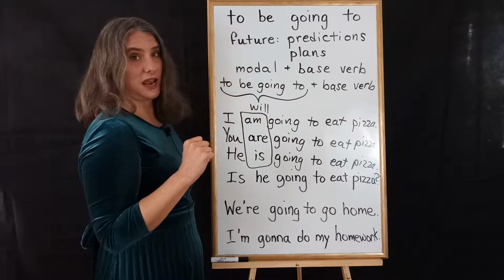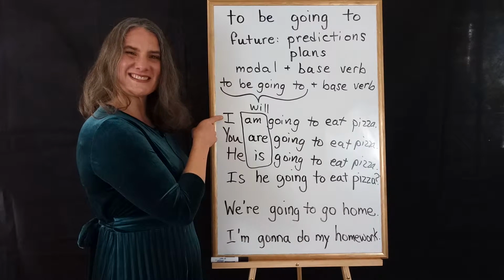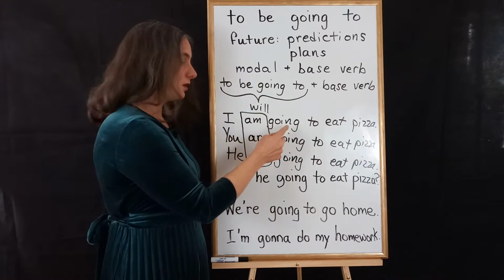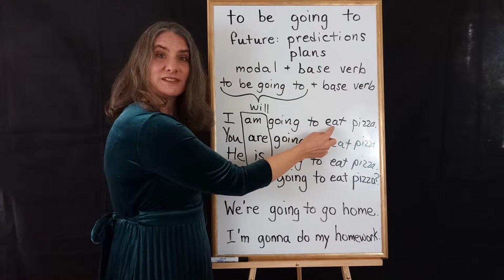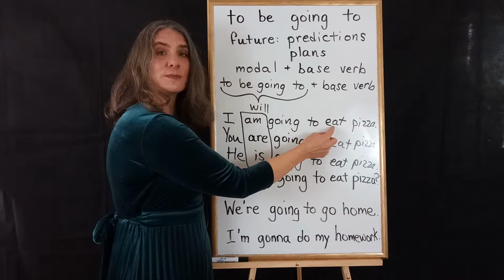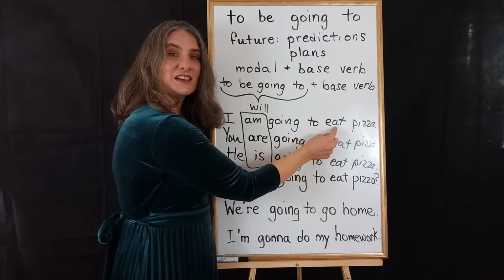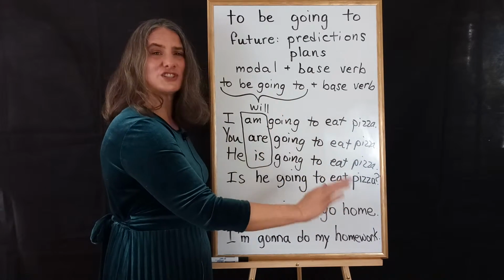If our subject is I, like in this sentence, then we'll say, I am going to base verb. So here my action verb is eat. I have a plain eat with no S, no ED, no ING.